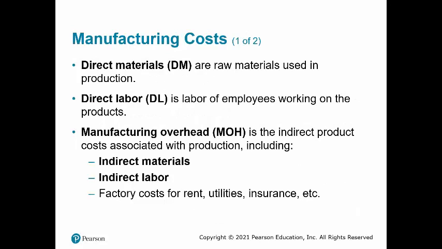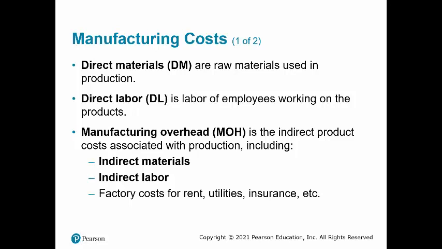Manufacturing costs can be divided into three categories. First, we have what we call direct materials. These are the raw materials that we use in our production to produce the goods. Then we have direct labor, which includes the amount that we pay the employees who convert those raw materials into the finished products.